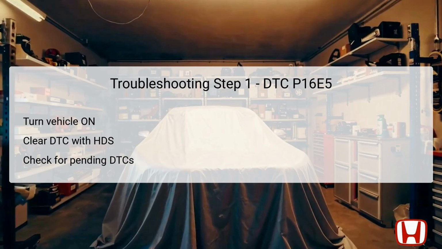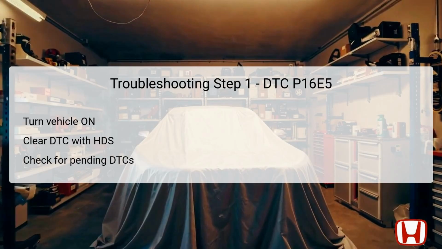In the first troubleshooting step, start by turning the vehicle to the on mode, ensuring all electrical systems are powered without starting the engine. Next, use the HDS, Honda Diagnostic System, to clear any DTCs, including the P16E5. After clearing, turn the vehicle to the off or lock mode and wait a moment before switching it back to on.